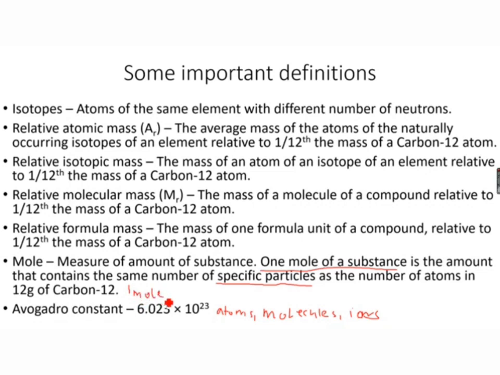So 1 mole of carbon 12 contains 6.023 into 10 to the power of 23 atoms, and that's why 1 mole of a substance is the amount that contains the same number of specific particles, which means the particles can be atoms, molecules, or ions, as the number of atoms in 12 grams of carbon 12, which means 1 mole of carbon 12, which means 6.023 into 10 to the power of 23 atoms. So that's what mole and Avogadro constant mean.